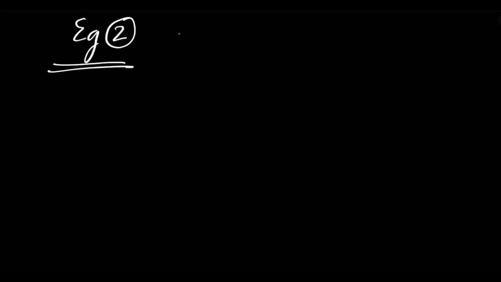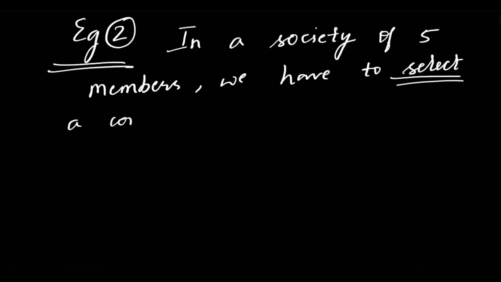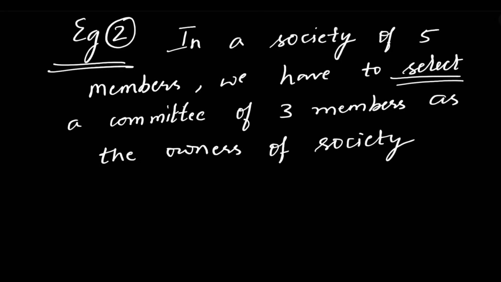The question says, in a society of 5 members, we have to select a committee of 3 members as the owners of society. Now let us see the solution for this.